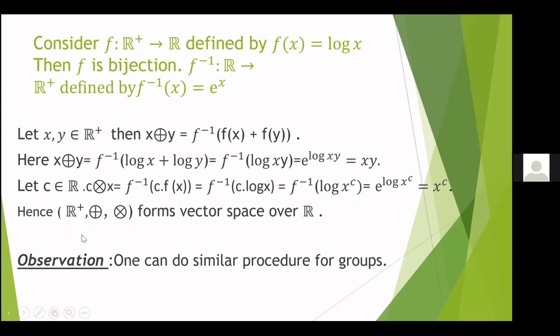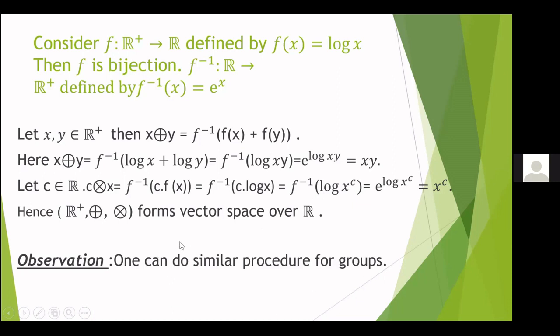Previously you saw that R plus is not a vector space over R, but now we can construct such operations such that R plus will be a vector space. So I find it is really a strong result that we can make any X a vector space over a suitable field. Now there is an observation, that you can similarly do this procedure for groups.